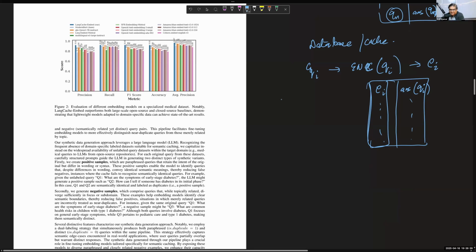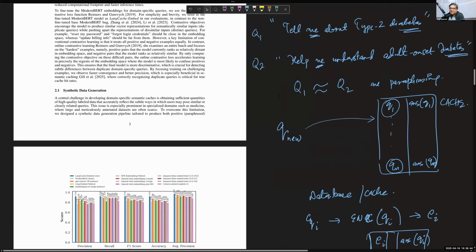Then suppose a question comes, a Q new comes. Let's say you have this question, help me understand adult onset diabetes. You would agree that if you look at the embedding vector, it would clearly tell you that the embedding vector E2 is very near E1, right? It would be very, very similar.